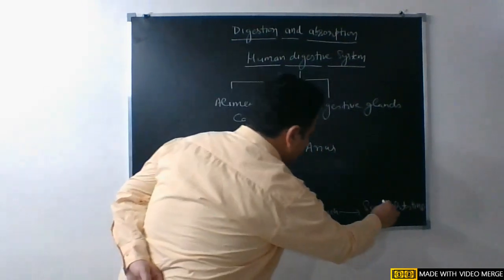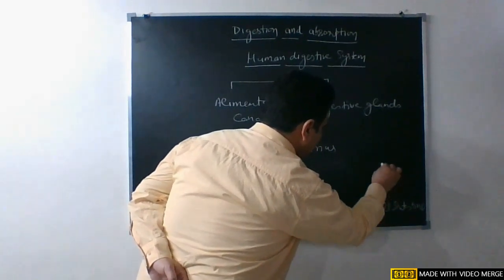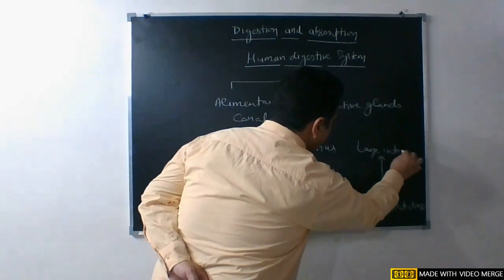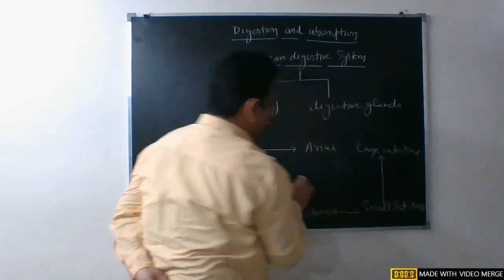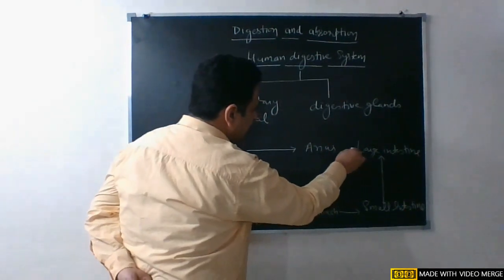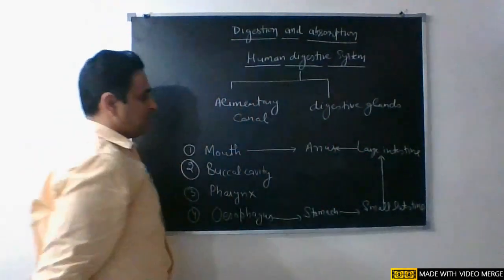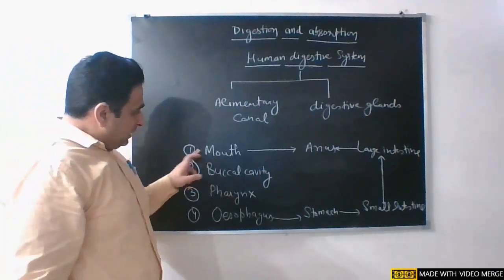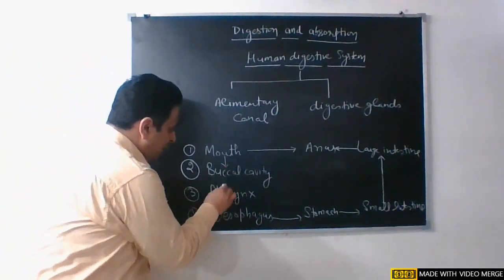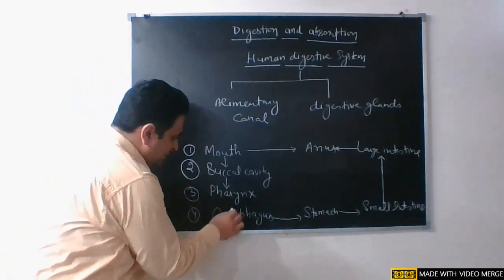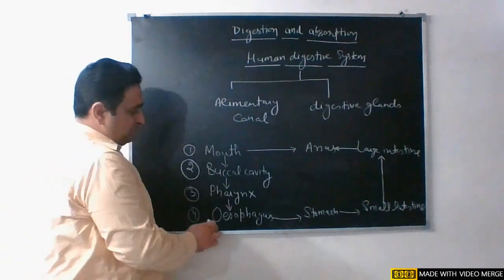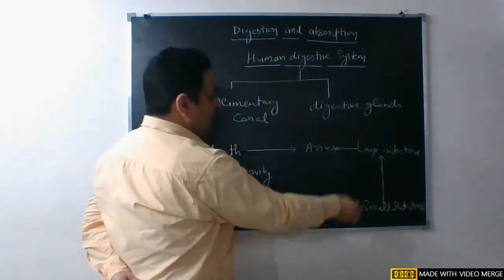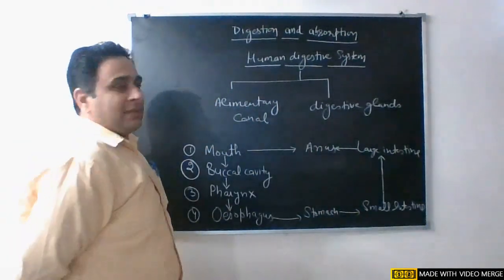The small intestine leads into the large intestine. And the large intestine finally ends with the anus. So the alimentary canal starts with the mouth, then the mouth leads into the buccal cavity, the buccal cavity leads into the pharynx, the pharynx leads into the esophagus, the esophagus leads into the stomach, the stomach leads into the small intestine, then the large intestine, and lastly the anus.